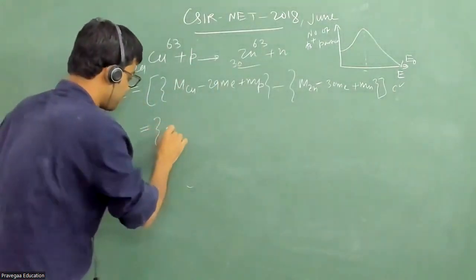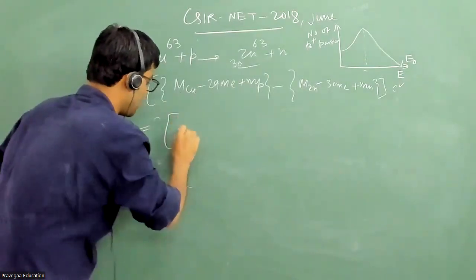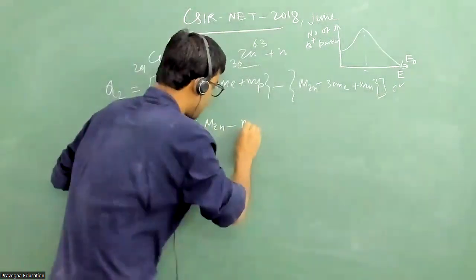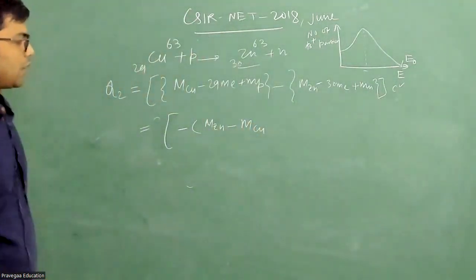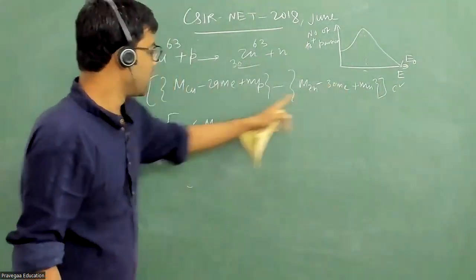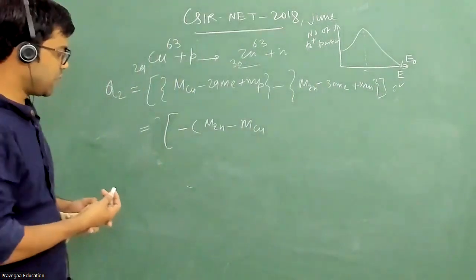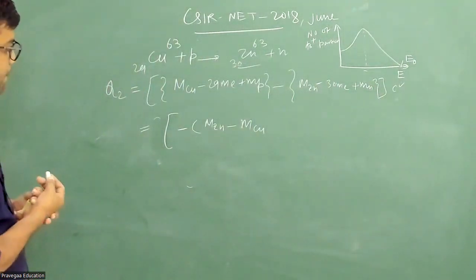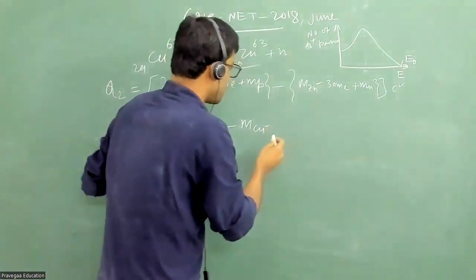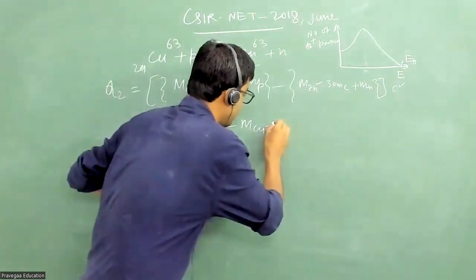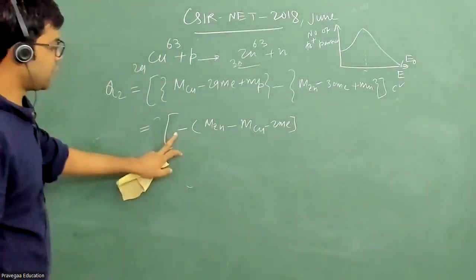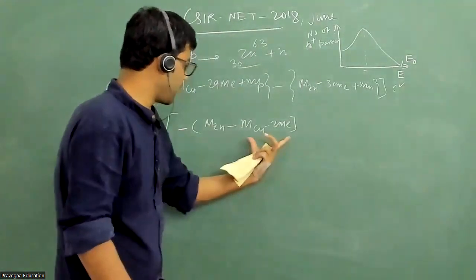And if you do this, what will you have? You'll have first mass of a zinc atom, then minus mass of a copper atom. And then if you merge the mass of electron, you'll have plus Me. Now you have that factor, minus 2 times mass of electron, because I know this value.